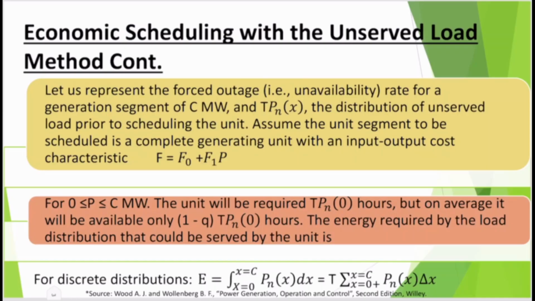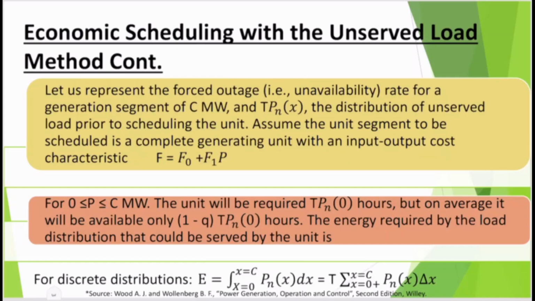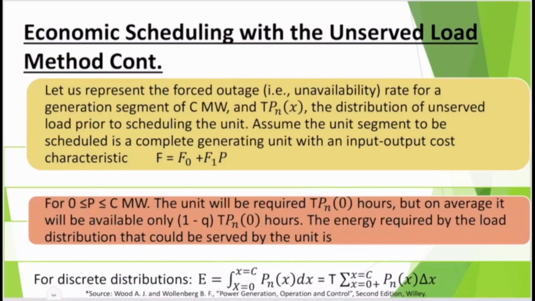Assume that the unit segment to be scheduled is a complete generating unit with an input-output cost characteristic, F equal to F0 plus F1P. Now, if P is less than C megawatt, which is the forced outage segment, and greater than 0, then the unit will be required Tpn0 hours, but on average, it will be available only 1 minus Q times Tpn0 hours.